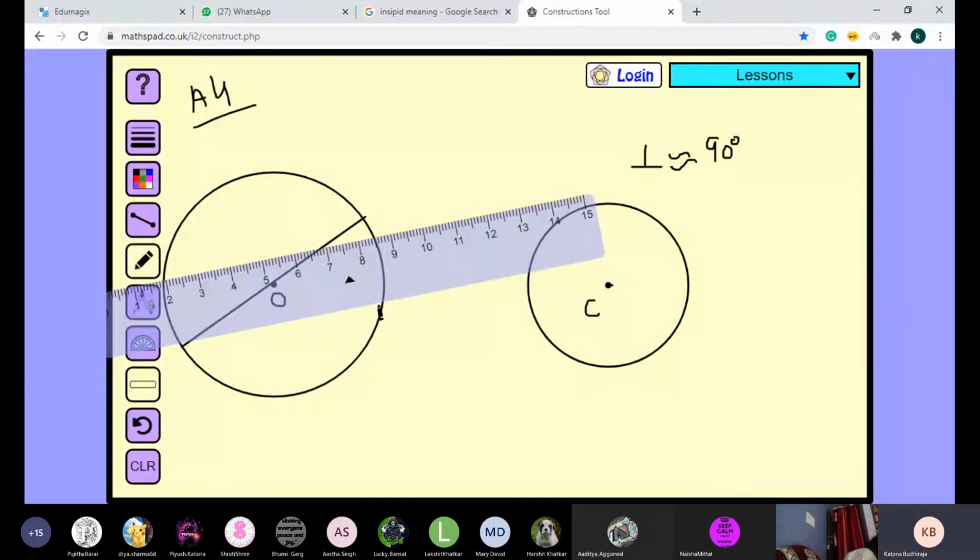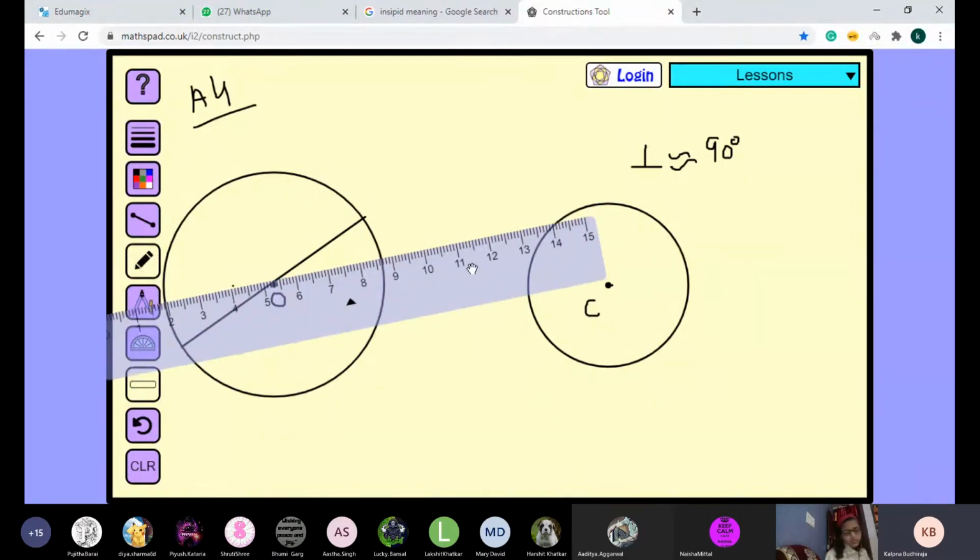Beta, check my scale's positioning. How am I doing it? I am placing it such that the gap between the two diameters is very small, or you can say an acute angle is forming between these two diameters. I am talking about this portion. Okay? So now we have drawn the two diameters.